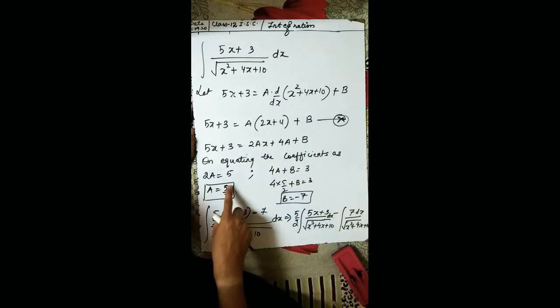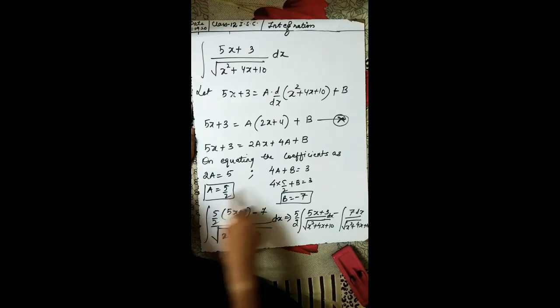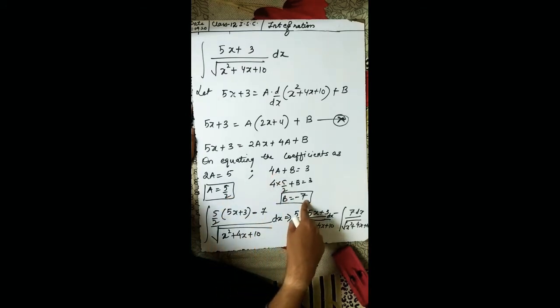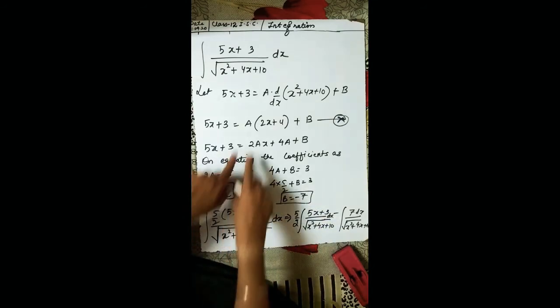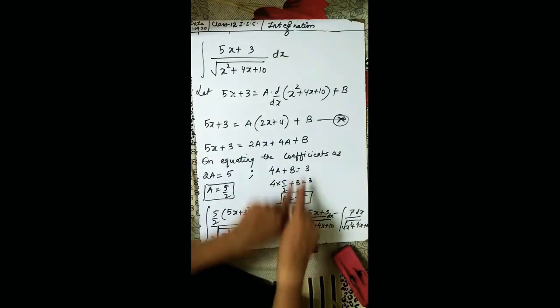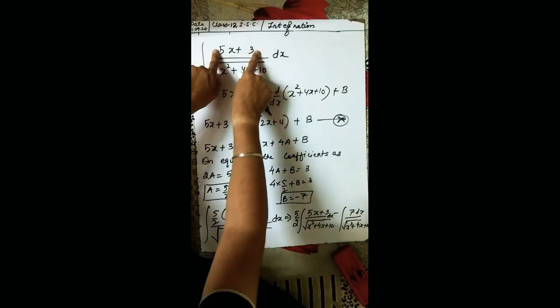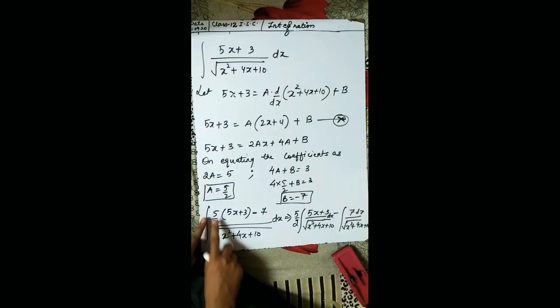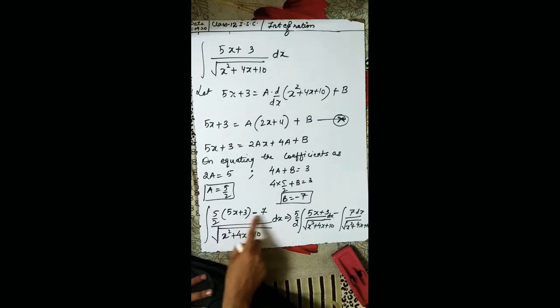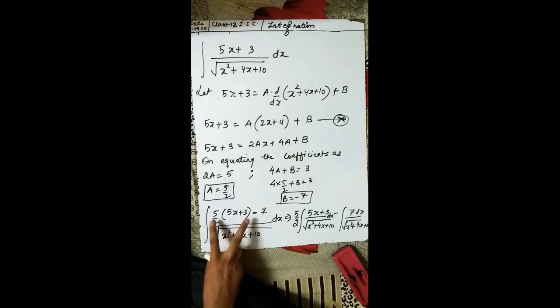So from here A equals 5 by 2, put the value of A here, you will get B equal to minus 7. So put A as 5 by 2 and B as minus 7, and in place of 5x plus 3, we can put 5 by 2 times (2x plus 4) minus 7, the whole divided by under root of x square plus 4x plus 10 dx. Now separate this term and this term.